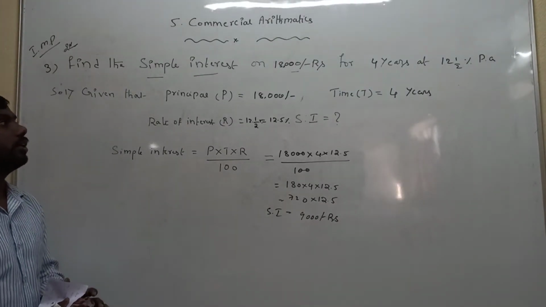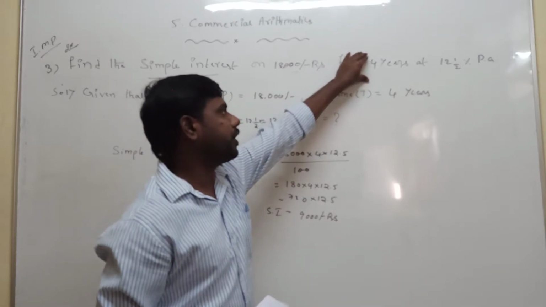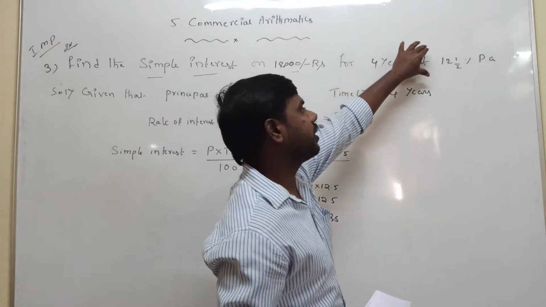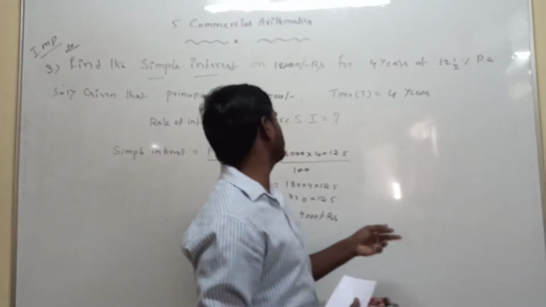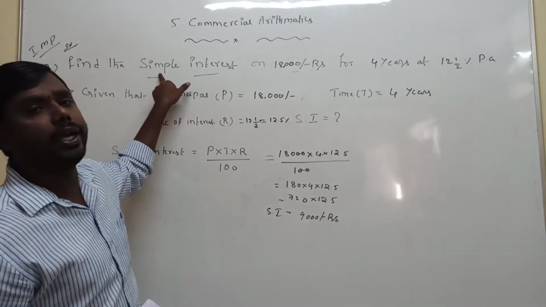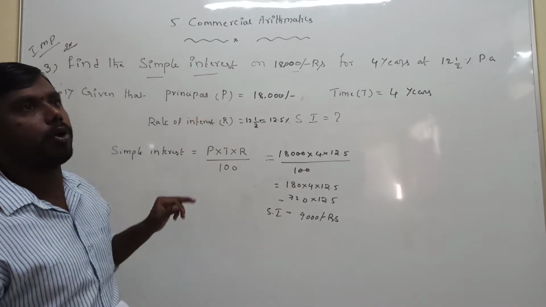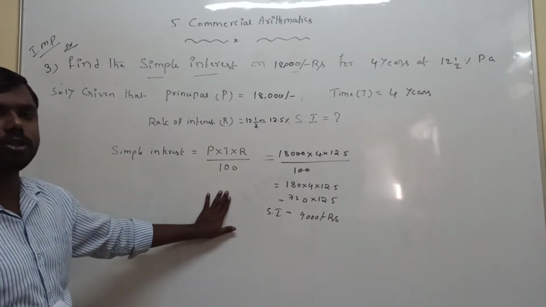Everyone understood? They are given the principal amount and duration, time T is equal to 4 years. The rate of interest per annum is equal to 12.5%. We need to find simple interest. That's why we are applying the simple interest formula PTR by 100. Now substitute the values.